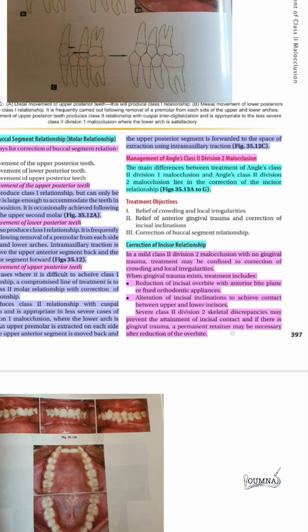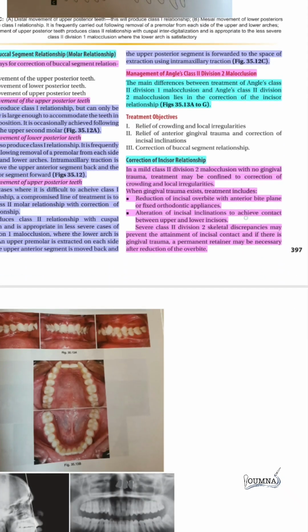Now, what is the management of the class 2 division 2 malocclusion? The most important thing is to treat the incisor relationship and to overcome the overbite, and this happens by doing what is called the anterior bite plane.